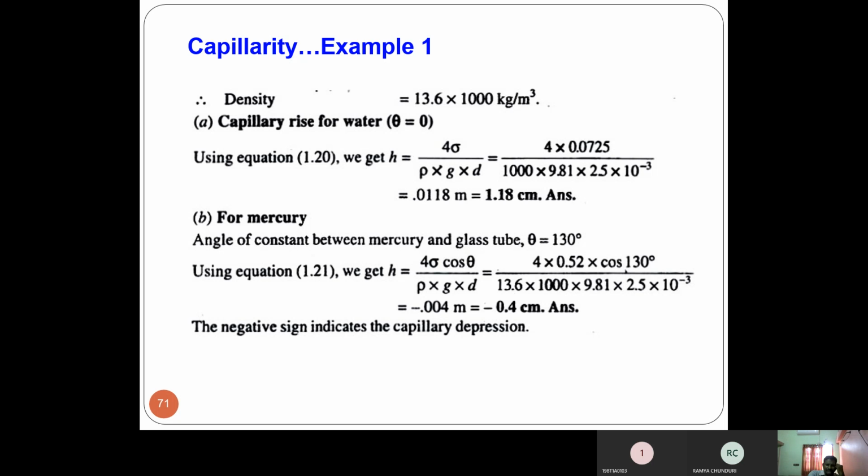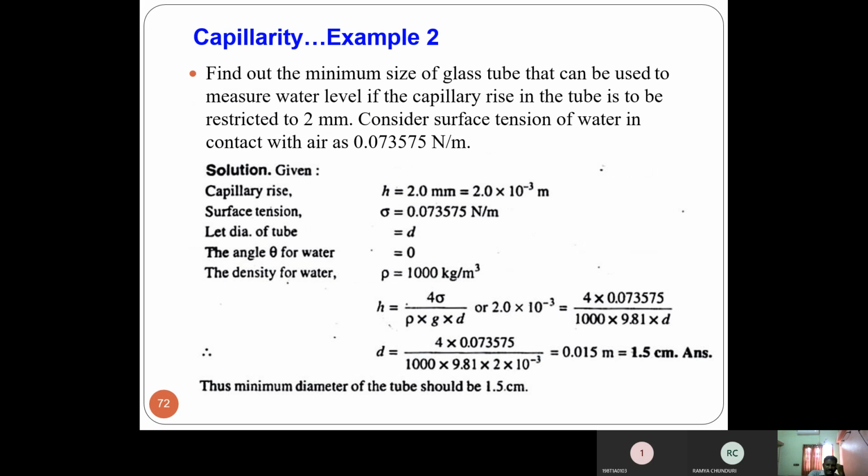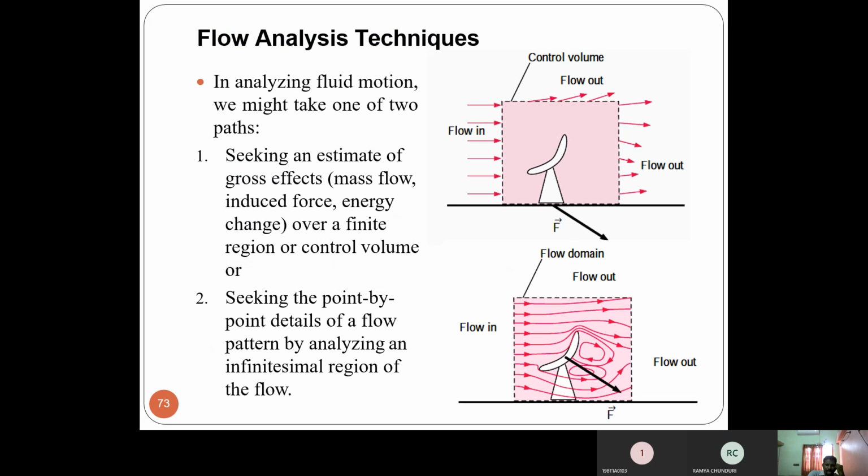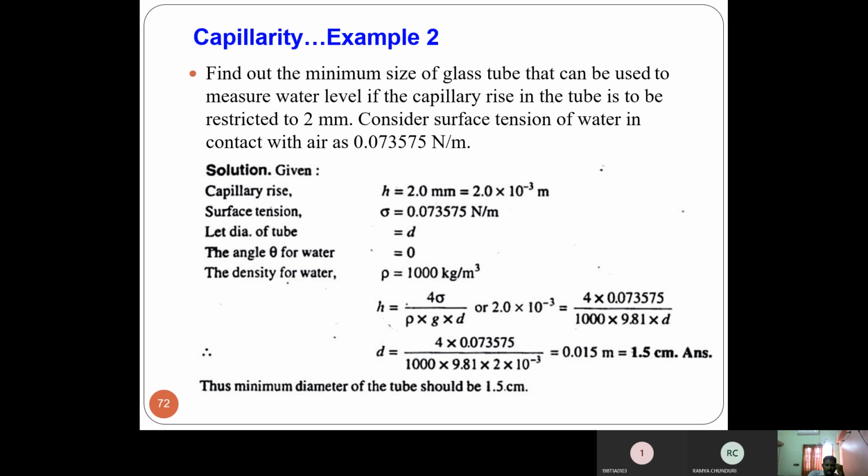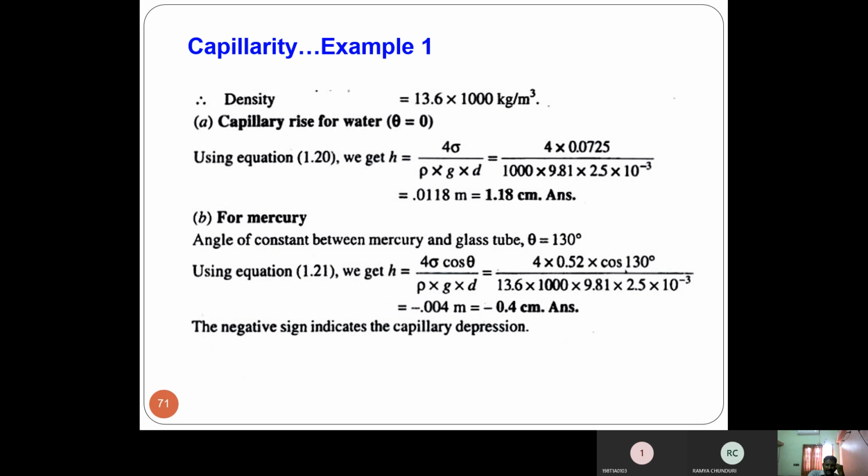Otherwise, specific gravity S is equal to density of mercury rho L by density of water rho W. Rho L is equal to S into rho W. Rho W is nothing but the density of water, and S means specific gravity. Specific gravity is equal to 13.6 and density of water is equal to 1000. So 13.6 into 1000, this is the density of the mercury.